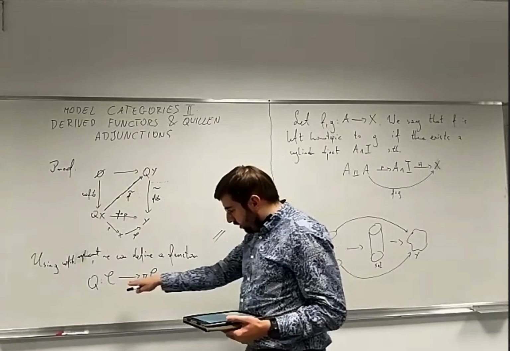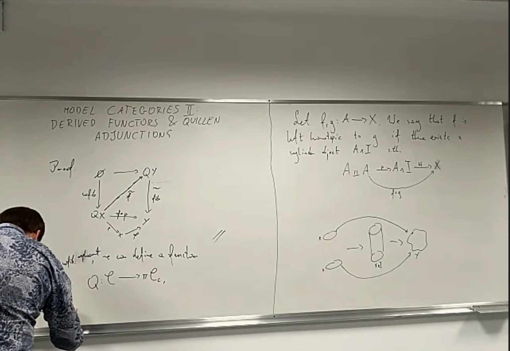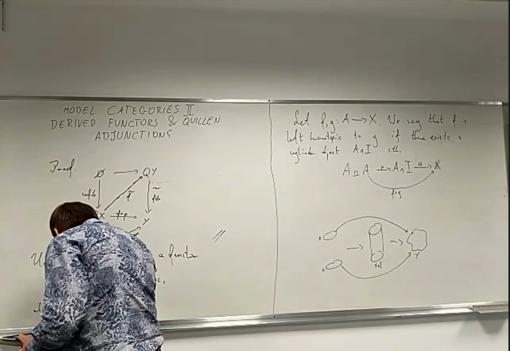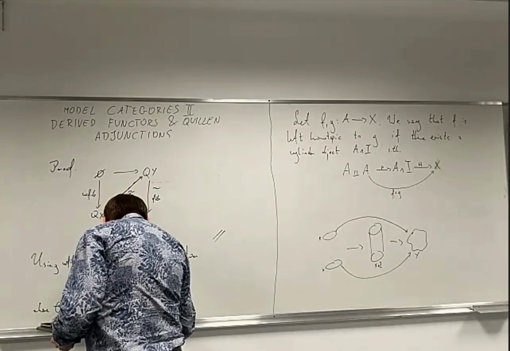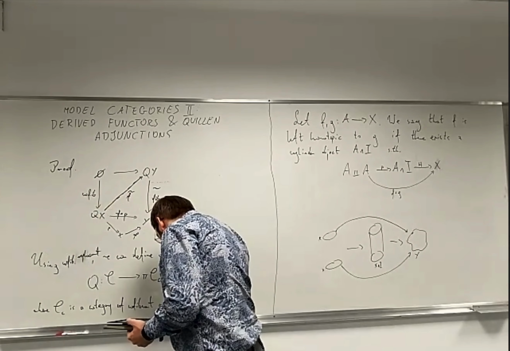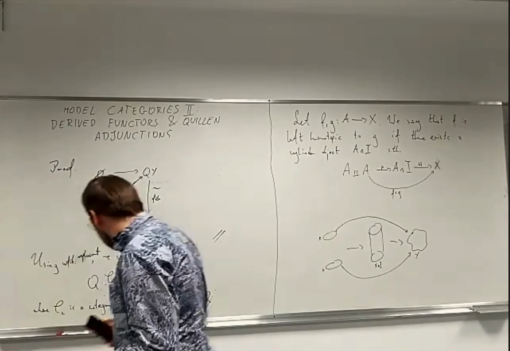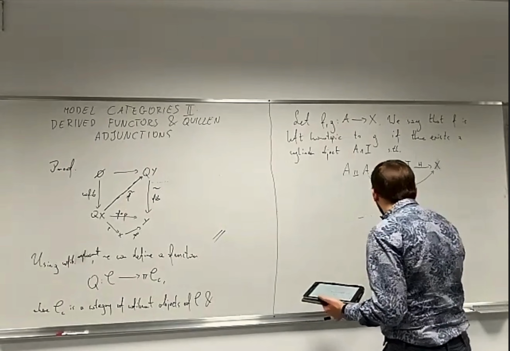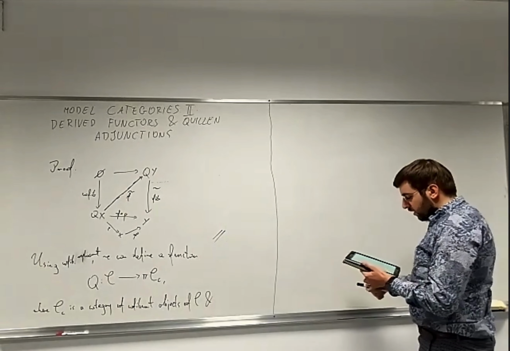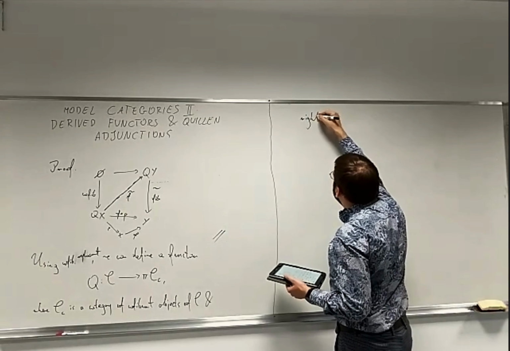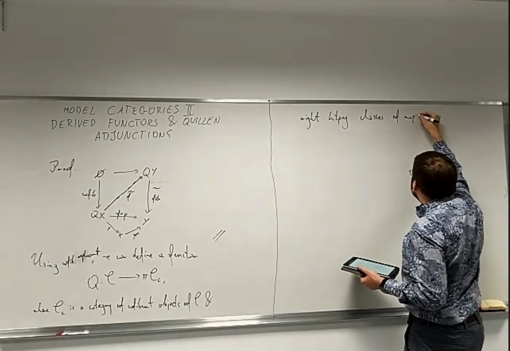So this is our starting model category, and this one over here is a category of cofibrant objects of C and right homotopy classes of maps as morphisms.